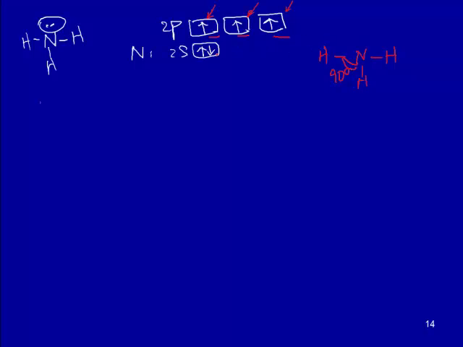So in this case, if we take those and make 4 sp3 hybridized orbitals, and we have a pair, now those hybridized sp3 orbitals are ready to be bonded with the 1s orbital for hydrogen.